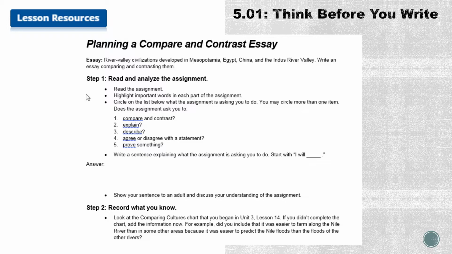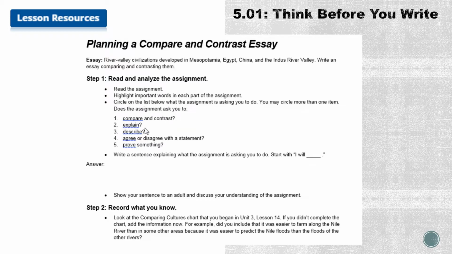But step 1 is to read and analyze the assignment. So you're going to read the assignment and think, what am I actually doing here? Your essay prompt is up here at the top. River Valley civilizations developed in Mesopotamia, Egypt, China, and the Indus River Valley. Write an essay comparing and contrasting them. We've talked a little bit about that, but what is the assignment asking you to do?